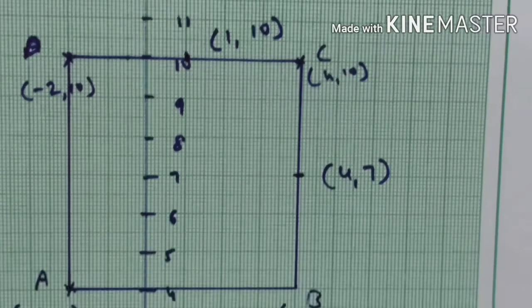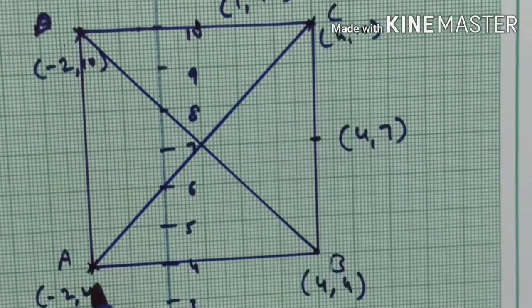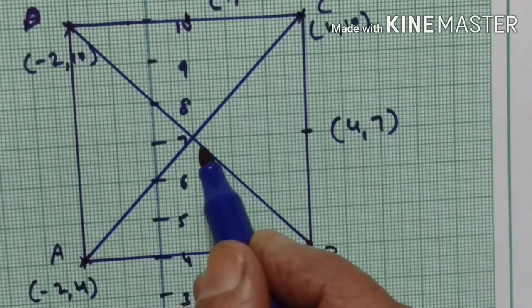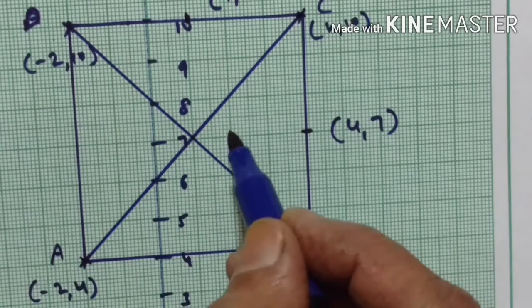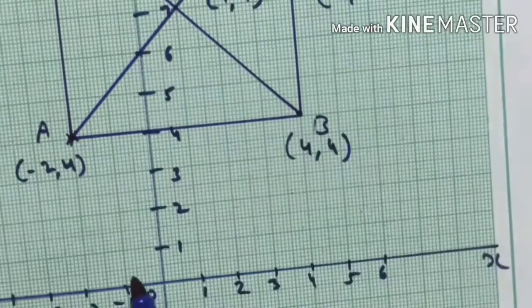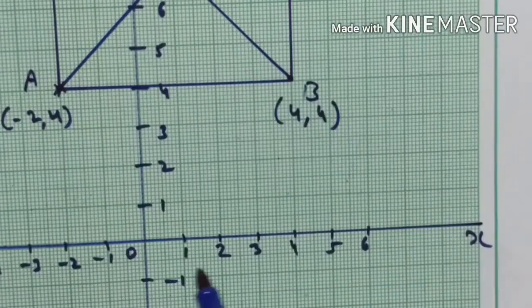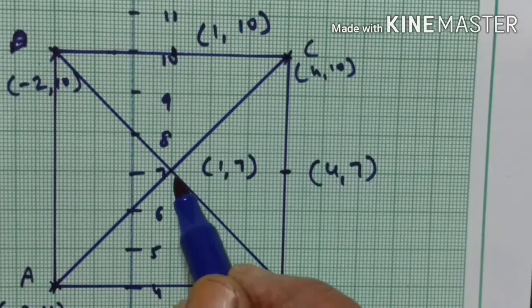Let us draw the diagonals. This is the point of intersection of the diagonals. It is 1 and 7. X is 1 and Y is equal to 7.